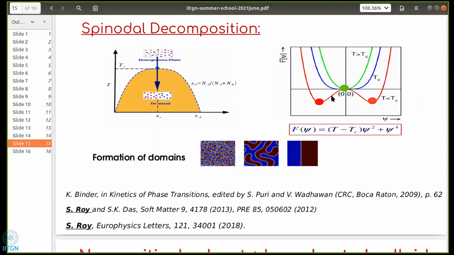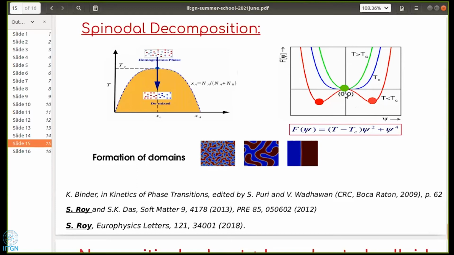So now let's start with the situation where I take the same binary liquid mixture. It's at a very high temperature, much higher than the critical temperature, which means that it's in the homogeneous phase, like I told you before. Now, if you look at the functional form here, temperature higher than the critical temperature corresponds to the green curve here. And what is the minimum here?